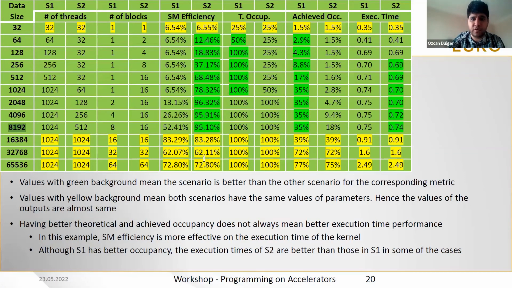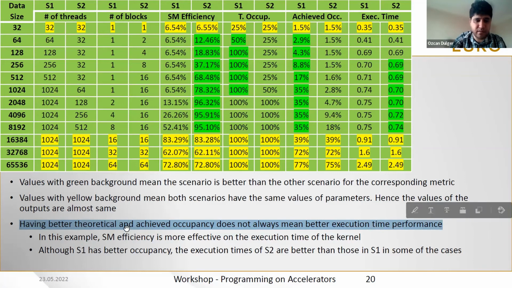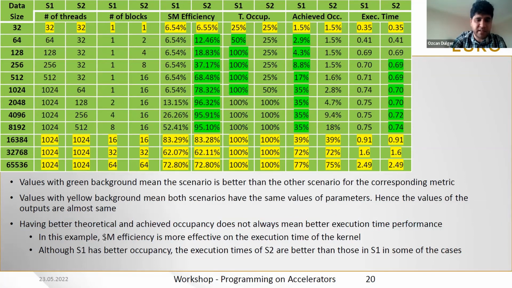That means, when we check the results, that having better theoretical and achieved occupancy does not always mean better execution time performance, as we see here. In this application, the SM efficiency is more effective on the execution time of the kernel.